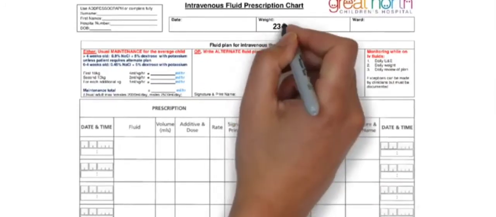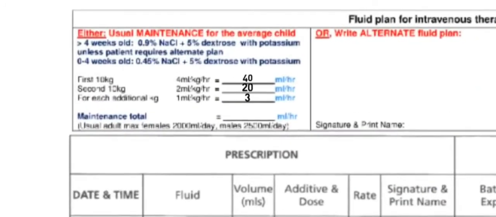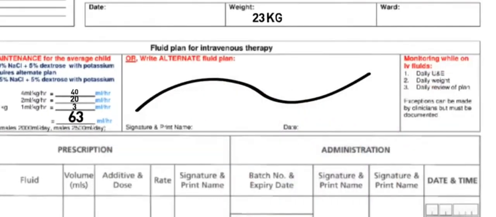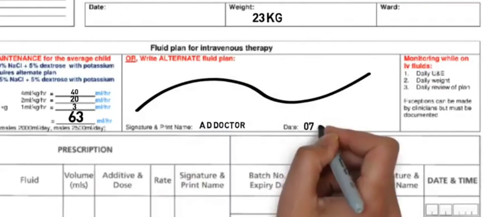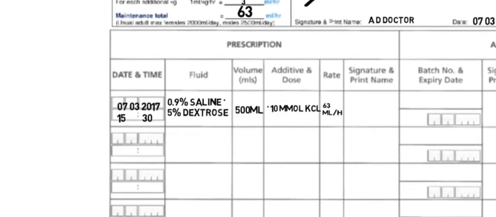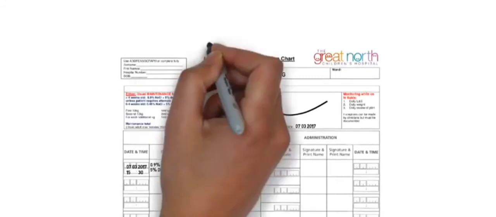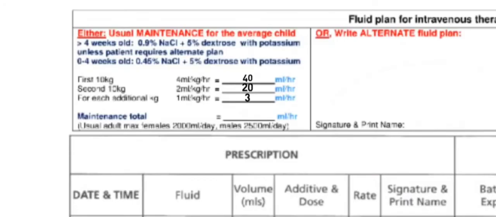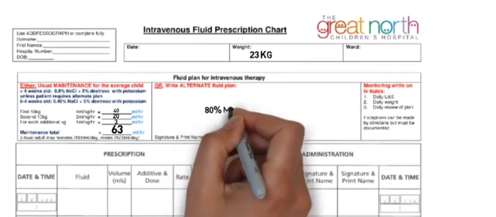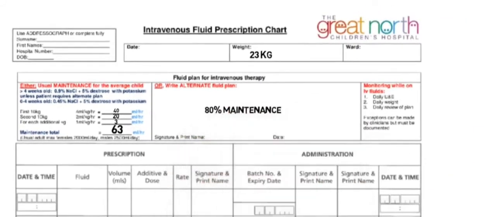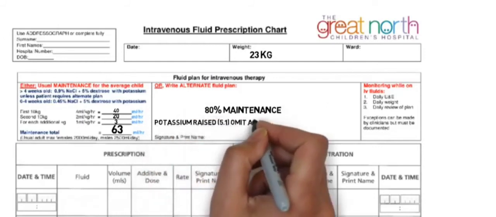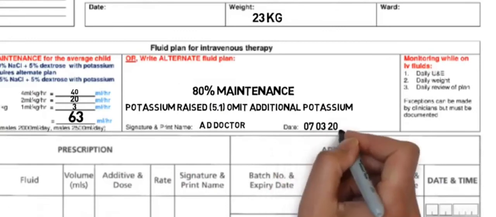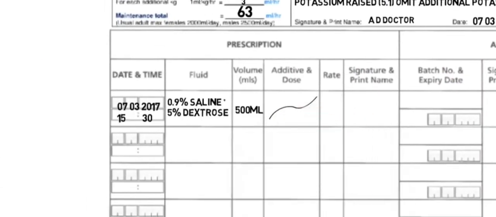The new IV fluid prescription charts now contain an area where maintenance doses can be totaled, where alternative fluid plans can be justified if necessary, as well as the normal space to write a prescription. If rates of fluid administration or type of fluid is not in keeping with the guideline, for example fluids with different saline or potassium concentrations are used, the justification can now be clearly documented on these charts.